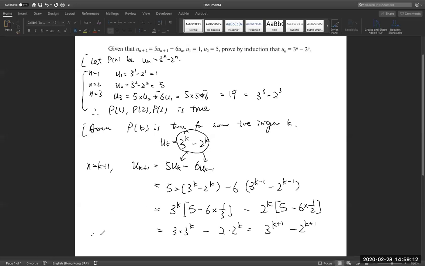And then therefore you say P(k+1) is true. And so by induction, P(n) is true for all positive integers n. That's it.